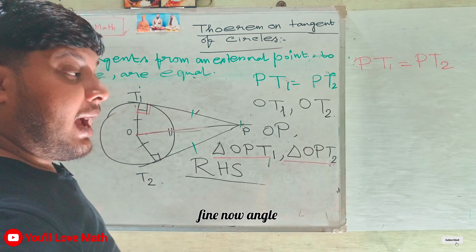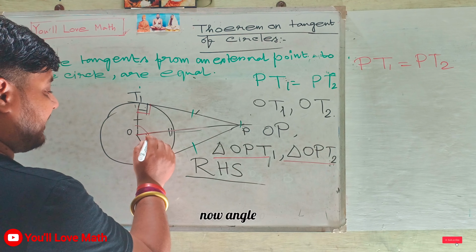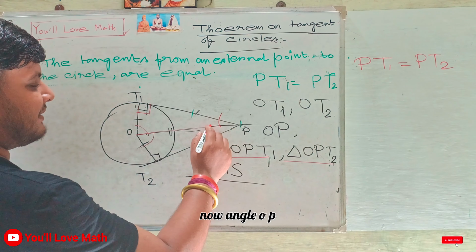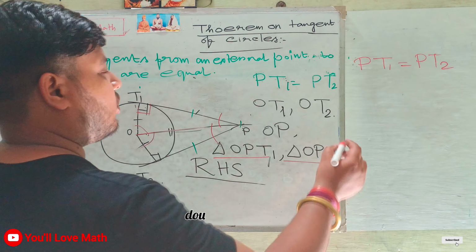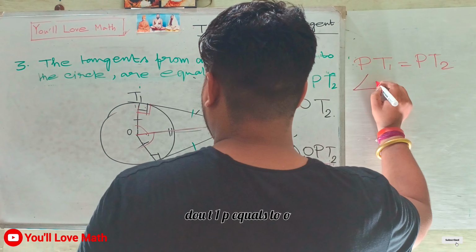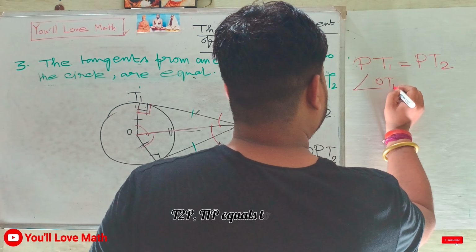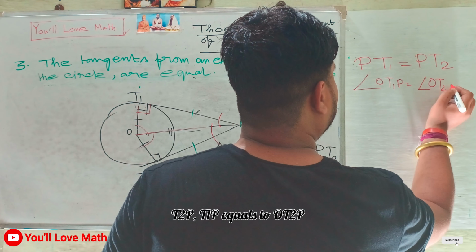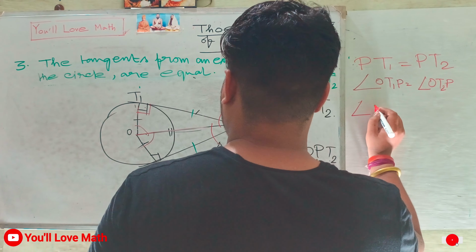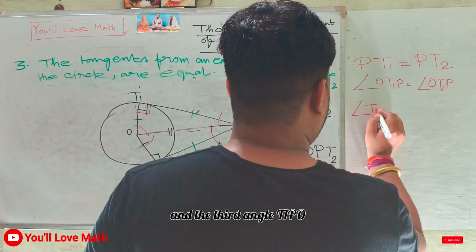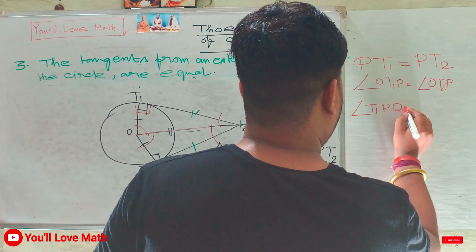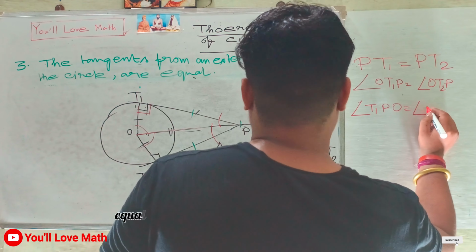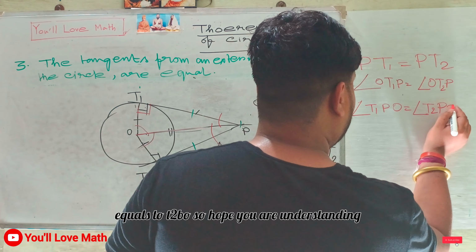Now angle OT1P equals angle OT2P. And the third angle, T1PO equals T2PO.